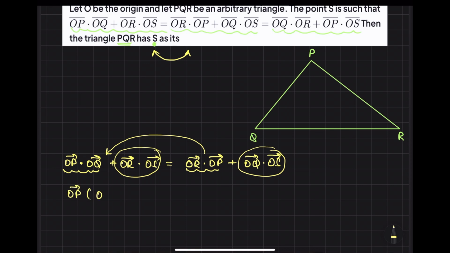We will be left with OQ minus OR. Then plus, we will take OS common. We will have OR minus OQ.